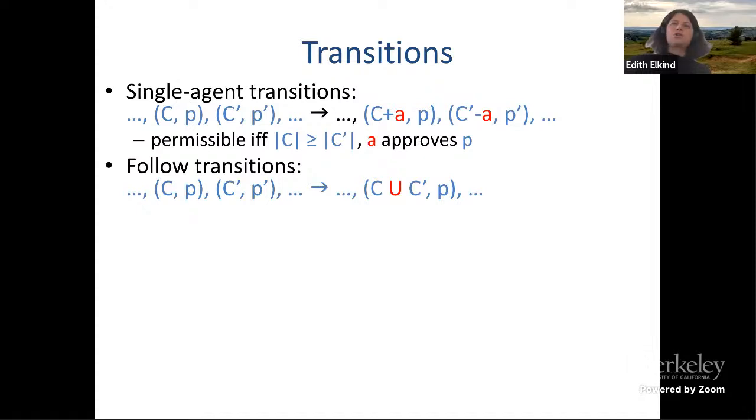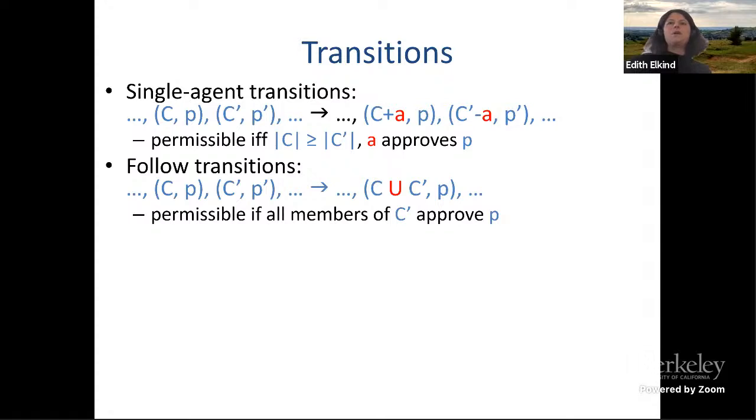A follow transition is a transition where we have two coalitions and they merge behind the proposal of one of these coalitions. So C supports P, C prime supports P prime, and now C and C prime merge and they support the proposal originally supported by C. When can this happen?